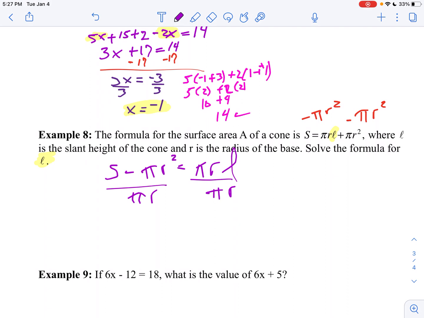And so your answer is S minus pi r squared divided by pi r equals L. You want to get L by itself. Do not cross off the pi's and the r's because you can't do that. They're connected by this minus sign. So it's just S minus pi r squared all over pi r.